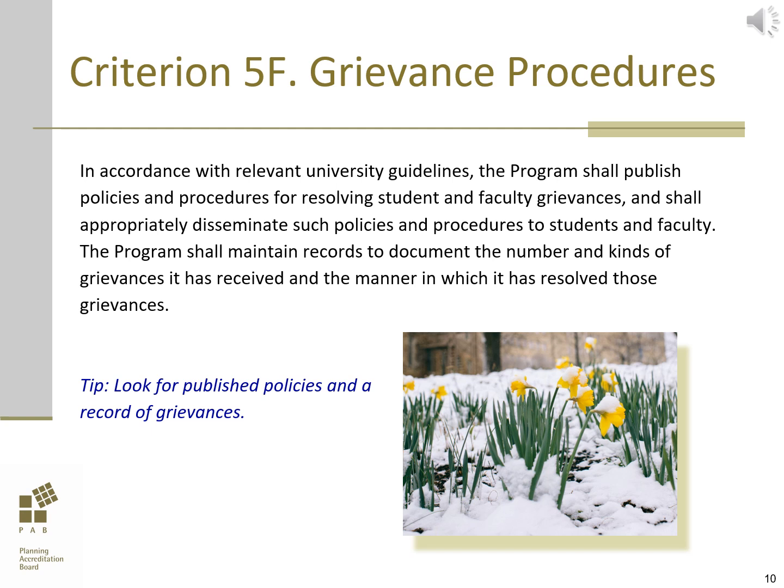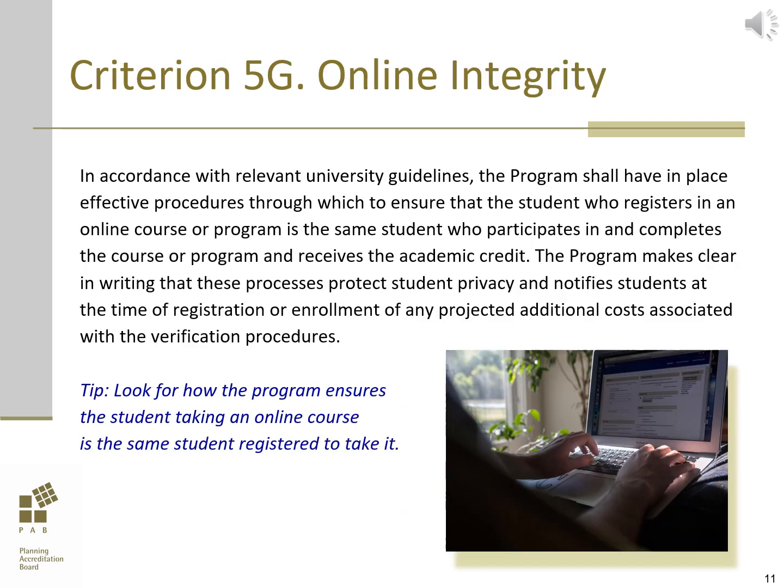Challenges to meeting this criterion could include unpublished policies, not keeping records of these types of instances, or a program not thoroughly resolving a grievance. Tip: look for published policies and a record of grievances.